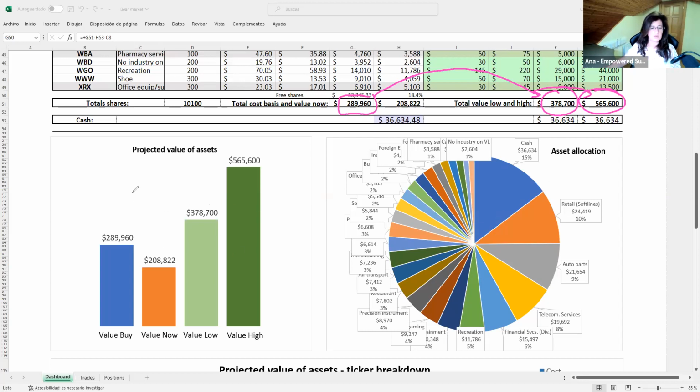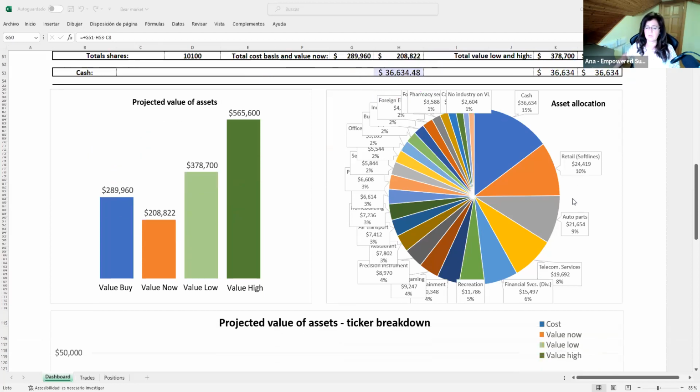We can see it graphically here. These 280 that we have invested, this is the price now. They will trade between here and here, but let's remember that we still have 36,000 that we haven't invested, and of course they will grow as well as and when we invest them in shares.